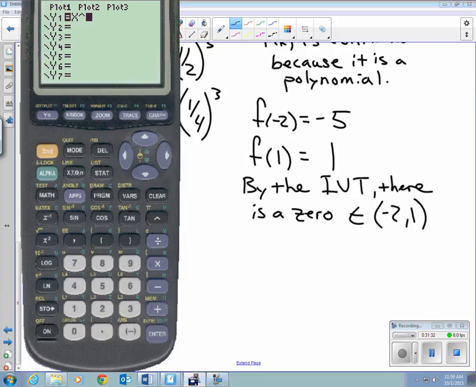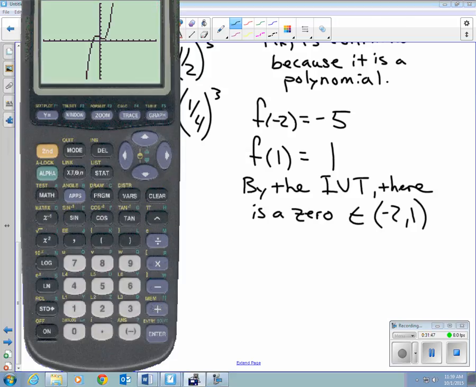I'm going to find it. X to the third minus x plus 1. And I graph. Because I know that the 0 is not going to be at -2, and I know it's not going to be at 1 because neither of these are 0.